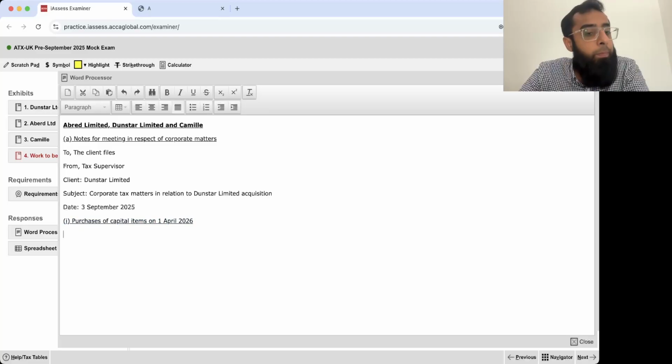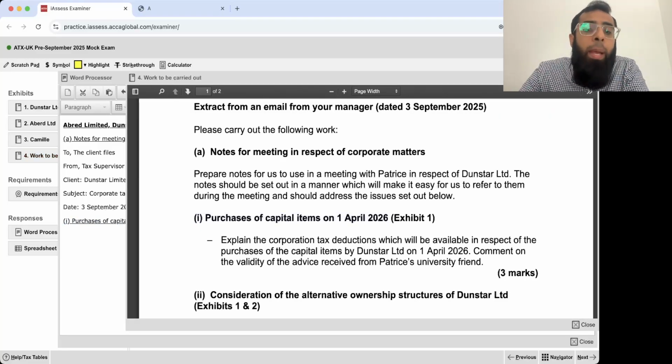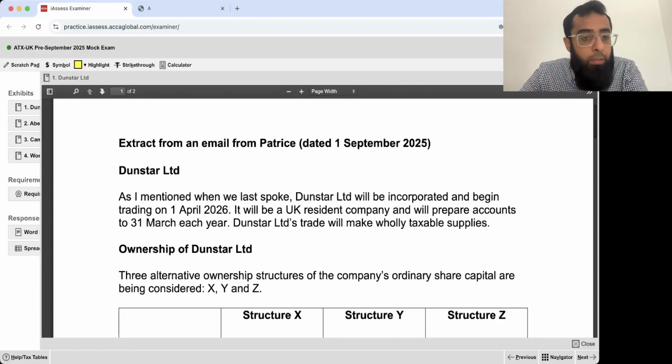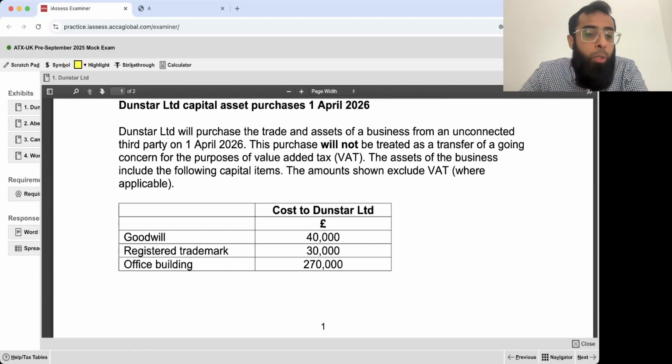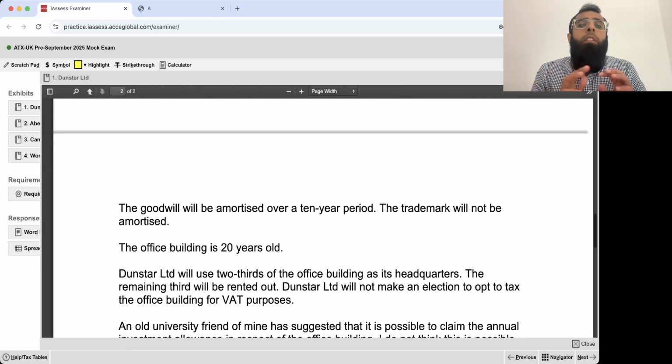Let's start. Now, what are the capital items which are purchased? Go and look at it. These 3 capital items are purchased: goodwill, registered trademark, and office building. In relation to goodwill, you don't get any tax allowable expense, so whatever accounting amortization they are doing will not be an allowed expense for tax purposes.